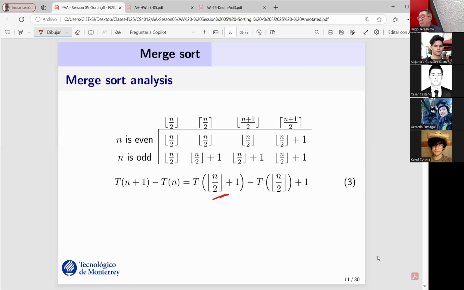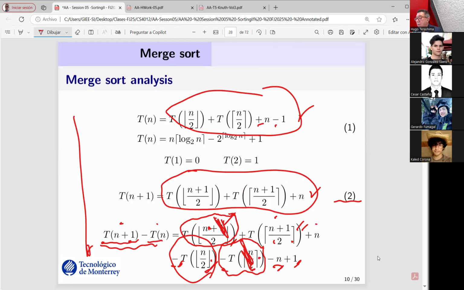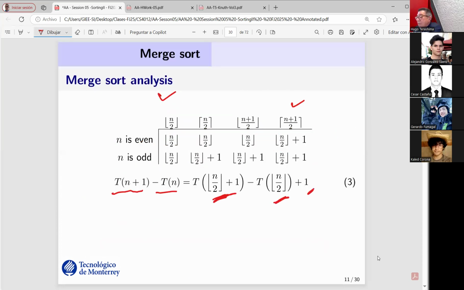So I have this expression: T of n plus 1 minus T of n is equal to, this is the case for this, and this is the case for this. The other two were eliminated, right? Plus 1, why? I had n minus n plus 1, so the only element that I have left is 1. So I have this expression now.